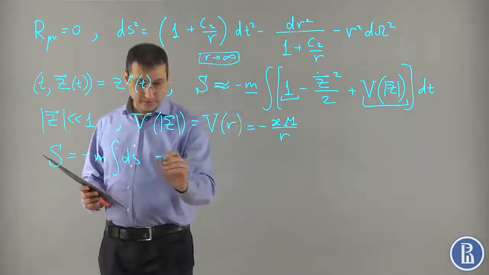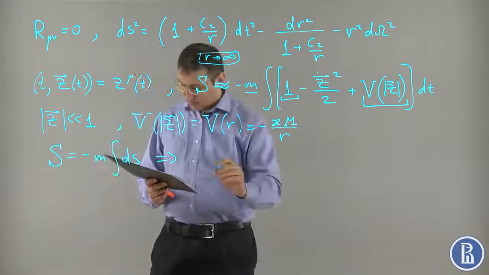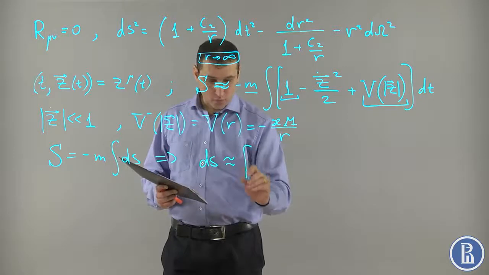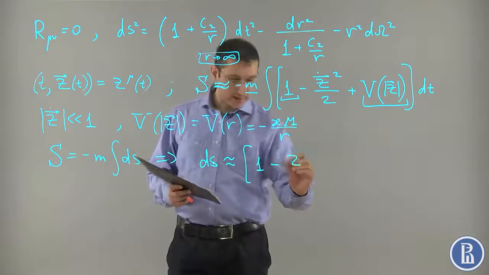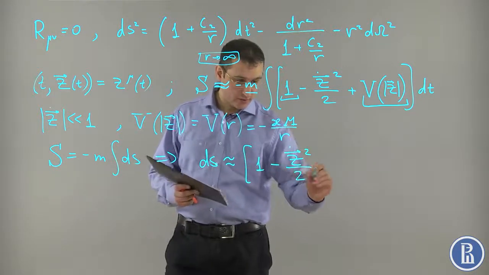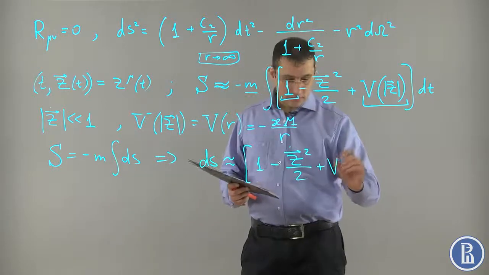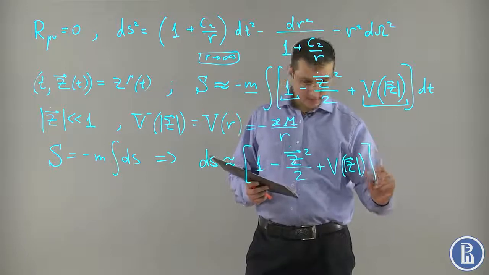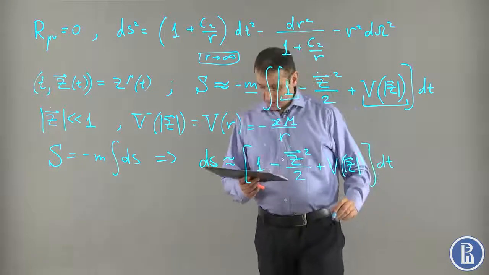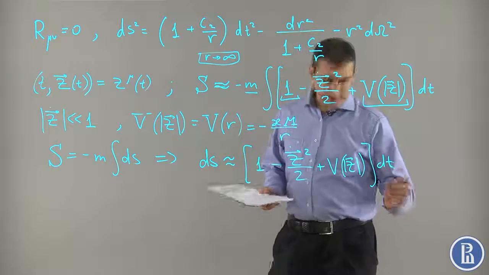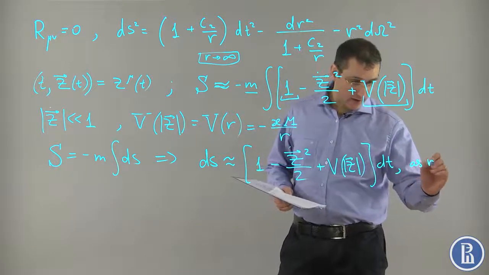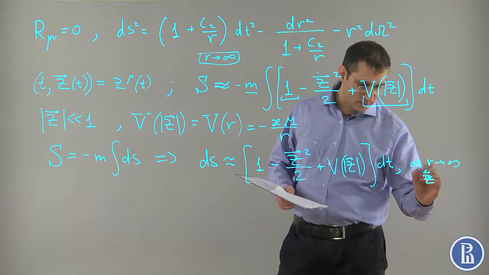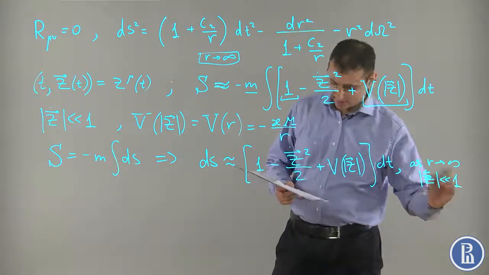Then from this and this we have the approximate relation that ds is approximately equal to (1 minus z dot squared over 2 plus V of modulus z) dt. So this approximation is valid as r goes to infinity and modulus z dot is much less than 1.